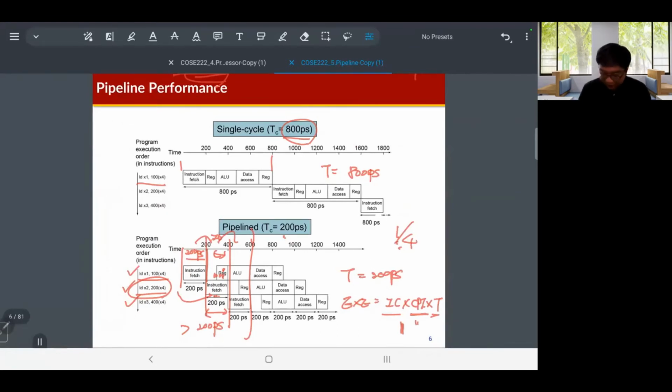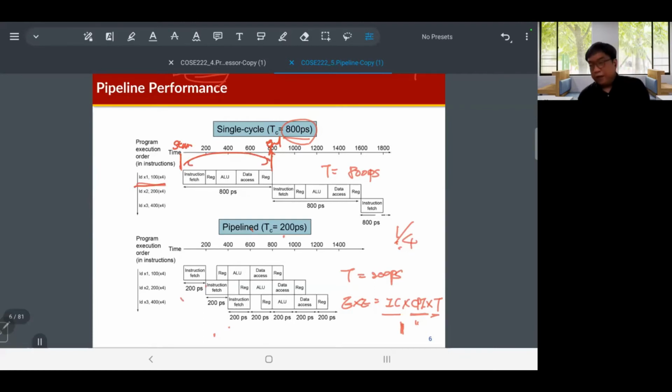What is the latency? Latency is the time gap between start time and the end time. For a single cycle processor architecture, the time gap between the start time and the end time of a single instruction is 800 picosecond.